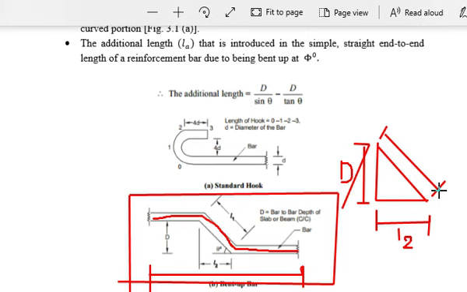This is your total L. So here this is d, and sine theta, where theta is this angle.